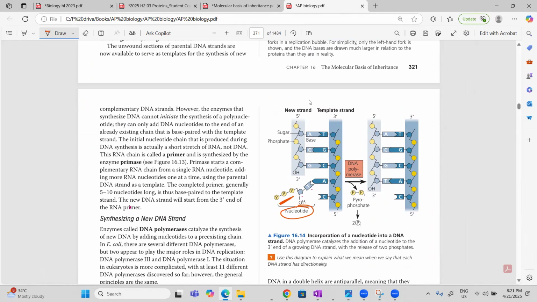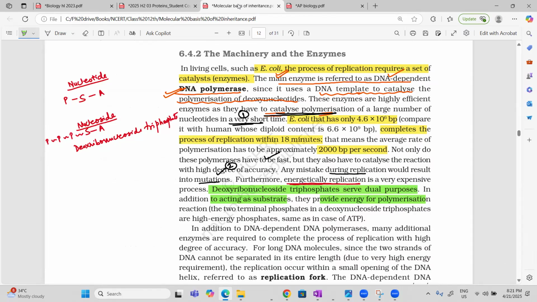This is the sugar, this is the nitrogenous base, and triphosphate, because two terminal phosphates will be released and it helps in making the diester bond as well as hydrogen bond. So the main enzyme, DNA-dependent DNA polymerase, will do polymerization and it uses deoxyribonucleoside triphosphate as a substrate.